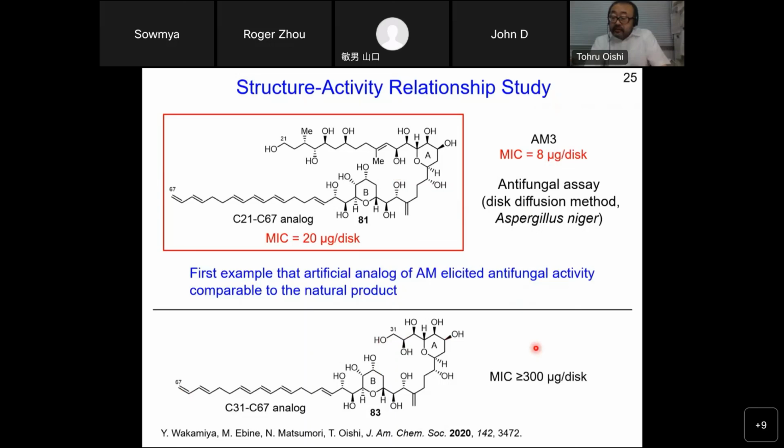So the C1 to C20 part, the polyol segment, is not necessary for eliciting biological activity, but the C21 to C30 part is very important to elicit the antifungal activity. Further structure-activity relationship studies are in progress in our laboratory. Thank you for your kind attention.